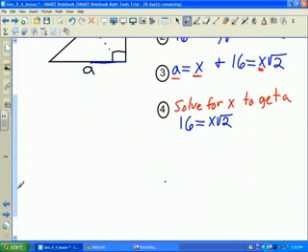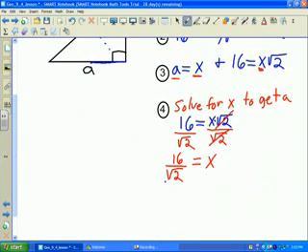And now it's just algebra from here. What's happening to the X? It's being times by square root 2. And we're going to do the opposite of times, which is divide by square root 2. Square root 2 on the right side, divide by square root 2 becomes 1. You're left with just X, which equals 16 over square root 2.